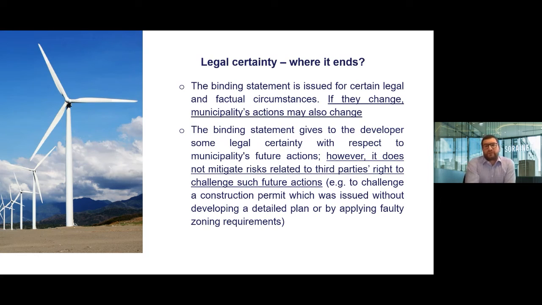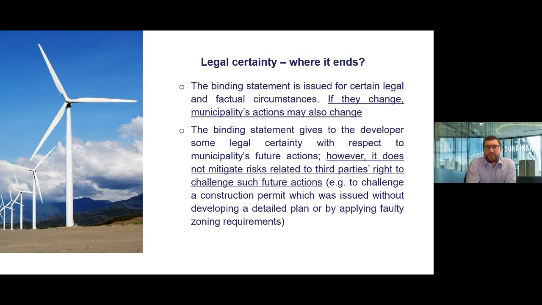In such situations, we usually suggest clients, when applying for this document, to include in the application as much as possible technical information about the project. Location of the project, location of each wind turbine, height of each wind turbine, total power of the project, as well as power of each wind turbine, and maybe some other technical information which is available at that stage.